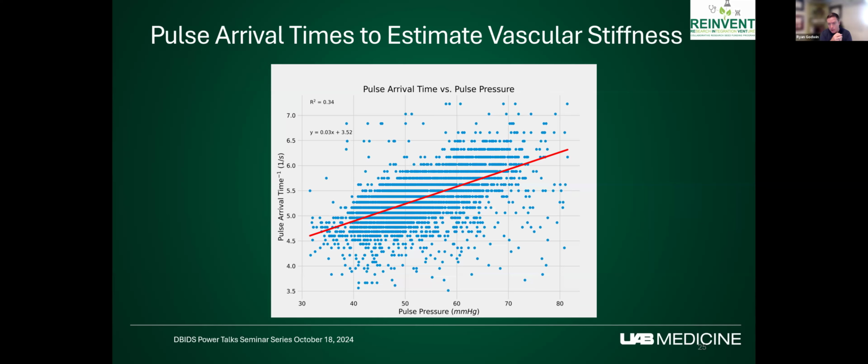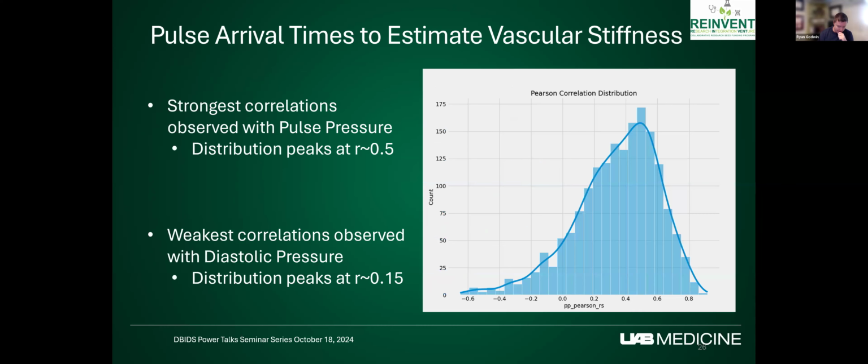But we found the most compelling results to be with the pulse pressure. So this is for one patient, and they have a pretty clear best fit line. You see a lot of scatter in there as well, because it's definitely not a truly linear system. There's certainly some nonlinearities that make this not an easy task.